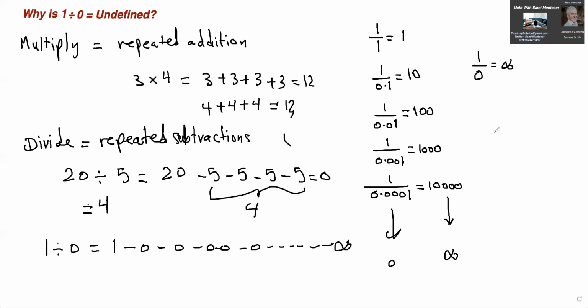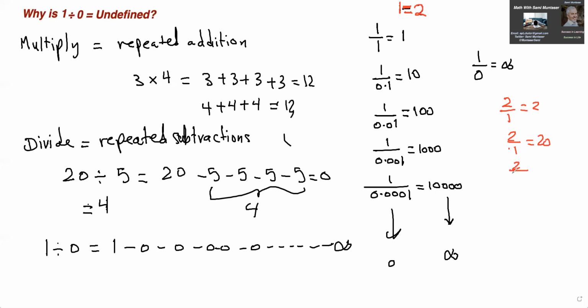You remember how we proved to you that 1 equals 2 before? We did 1 equals 2 before, and we proved it. And we asked you, where does the proof fail? So let's take the 2 and do the same thing. If we take 2 divided by 1, we're going to get 2. 2 divided by 0.1, we're going to get 20.